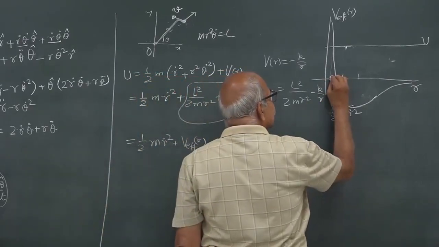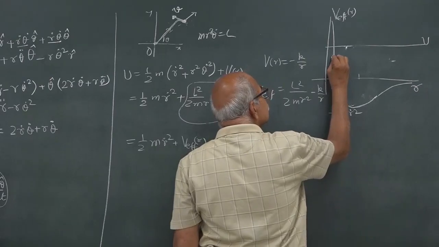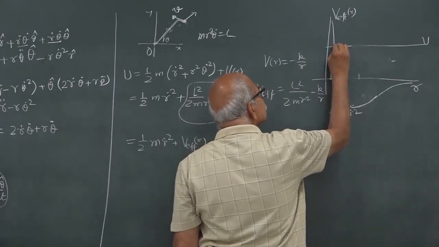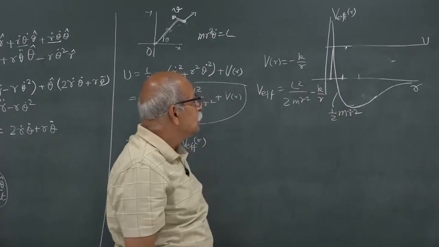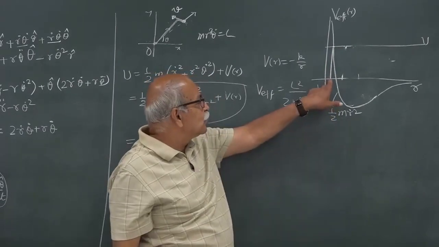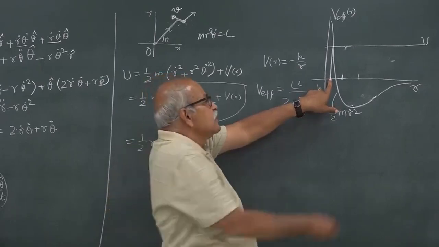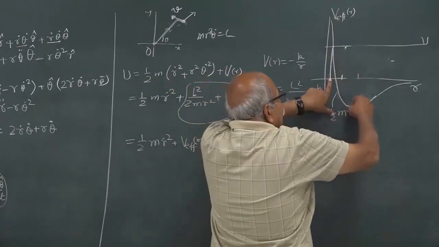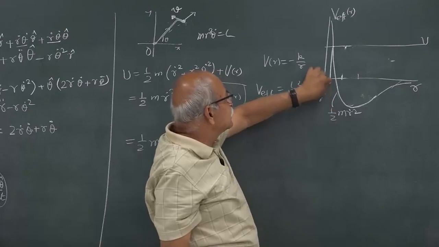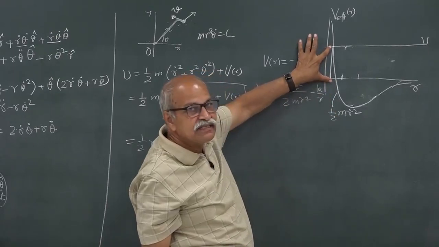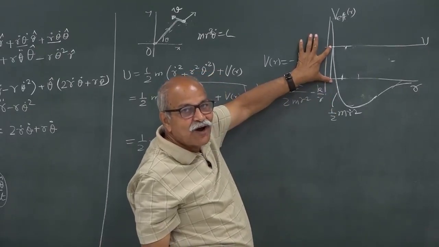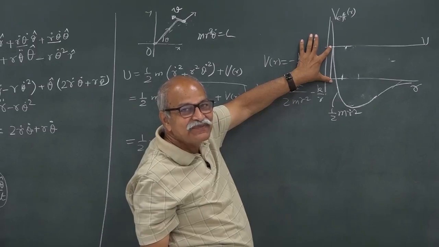If I draw a vertical line here, it just crosses this curve. Okay. So, at this point, what is the effective potential energy? Here is the curve, so at this point, this is the effective potential energy, and the total energy is always fixed.